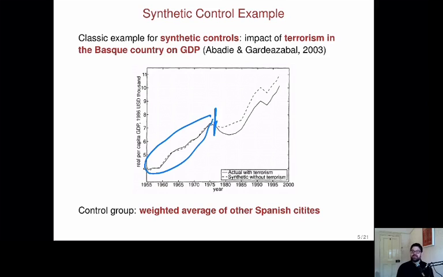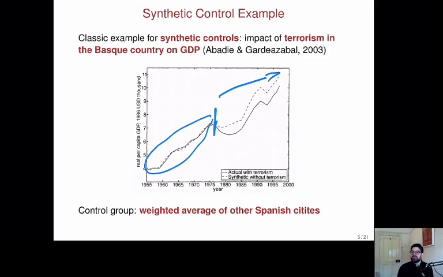And everything that follows then is to just take the weighted average, to take those weights that the algorithm has chosen in order to match the pre-trends, and also apply those weights to the post period.